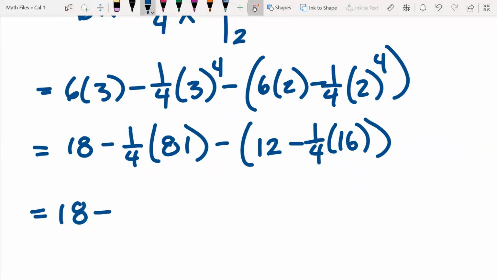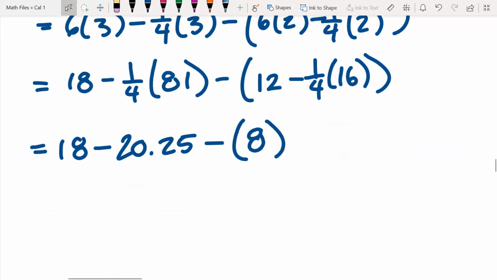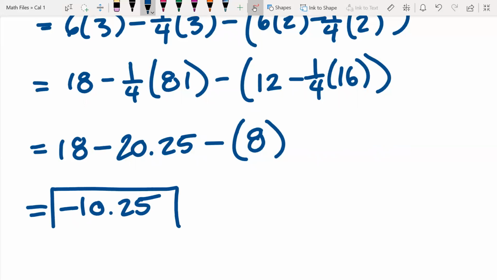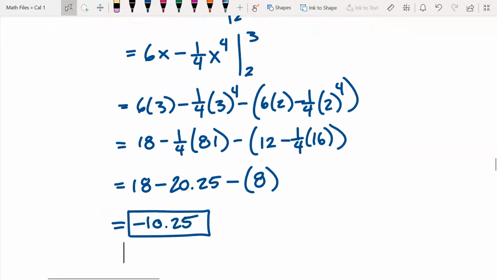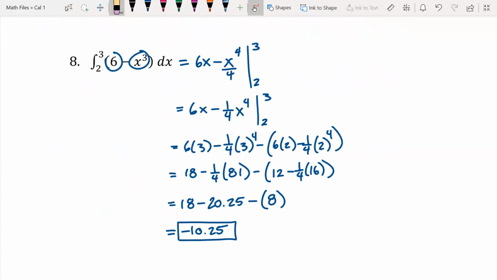And that's 18 minus 81 over 4, 20.25, minus 12 minus 1/4 times 16. That's 12 minus 4, so 8. Okay. And then 18 minus 20.25 minus 8, we get negative 10.25. Woohoo.